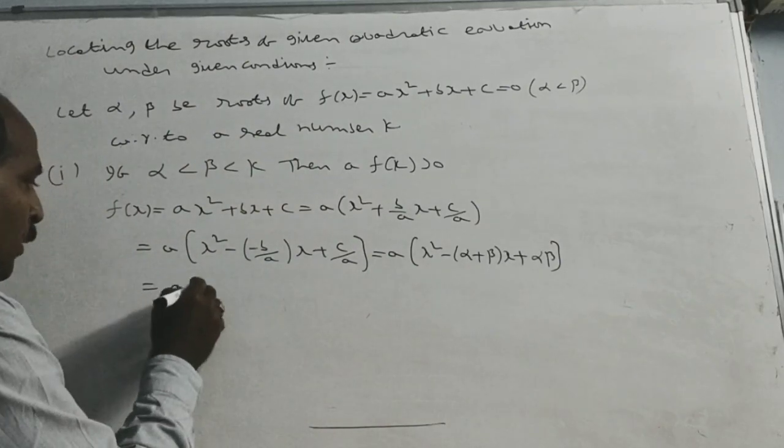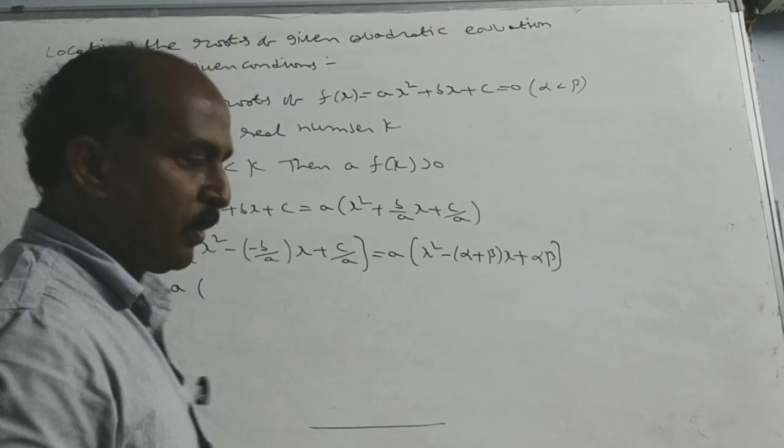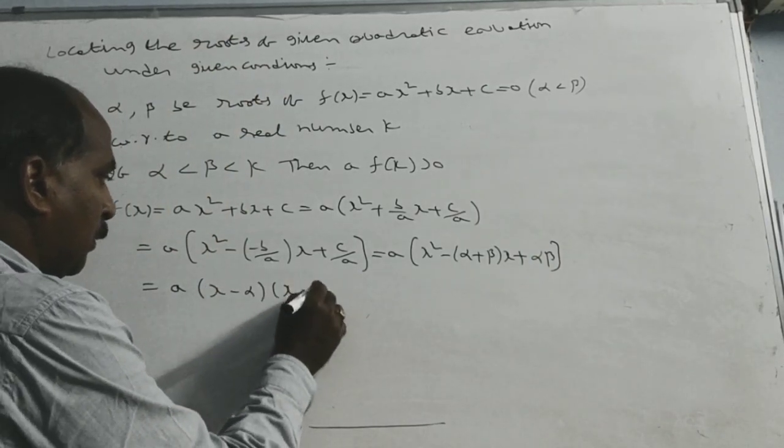Taking factors of this quadratic expression, we get a into x minus alpha into x minus beta.